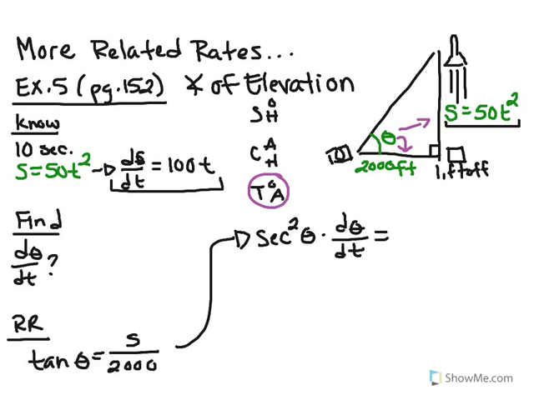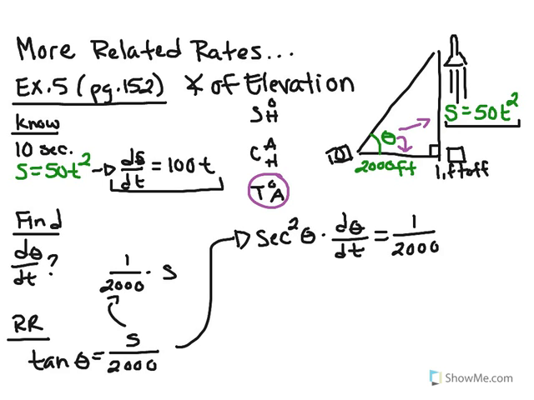Now, as far as S over 2,000 goes, don't think quotient rule yet. I want to show you a different way to write this, because this is the same thing as 1 over 2,000 times S. So this is just a coefficient, this 1 over 2,000. I'm going to keep that right there.